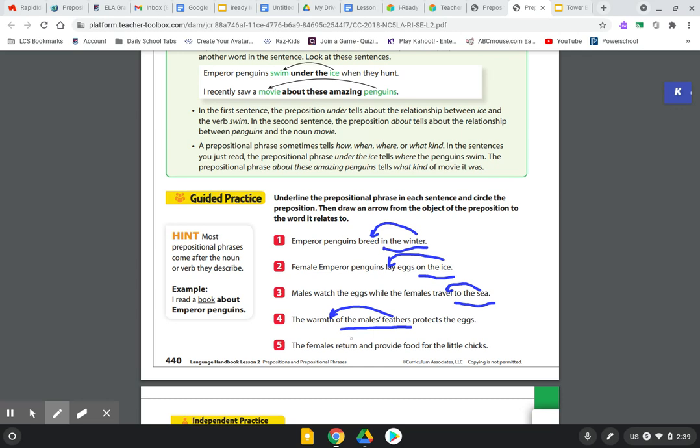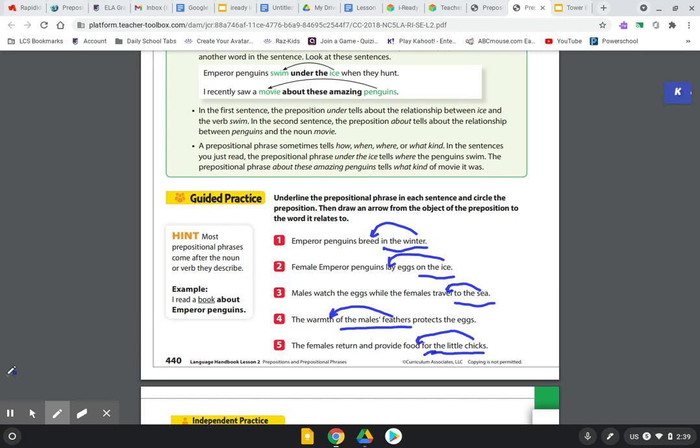And then lastly, number 5, the females return and provide food for the little chicks. For is your preposition. The little chicks continues on to make it your prepositional phrase. And chicks relates to the food. They're getting food for the chicks. Write down for the little chicks as your prepositional phrase on your recording sheet.